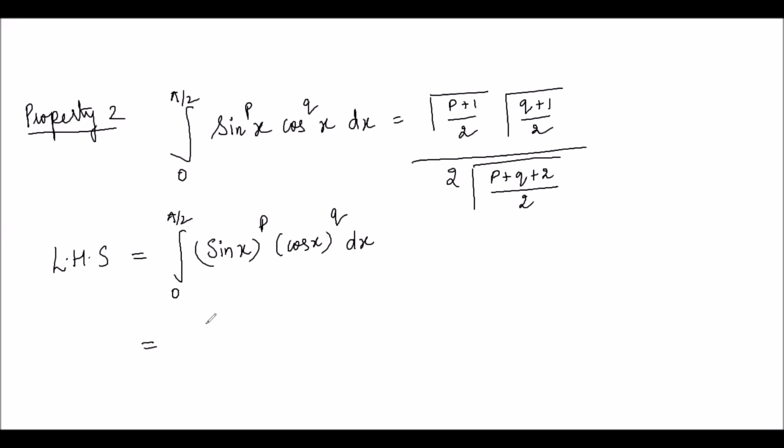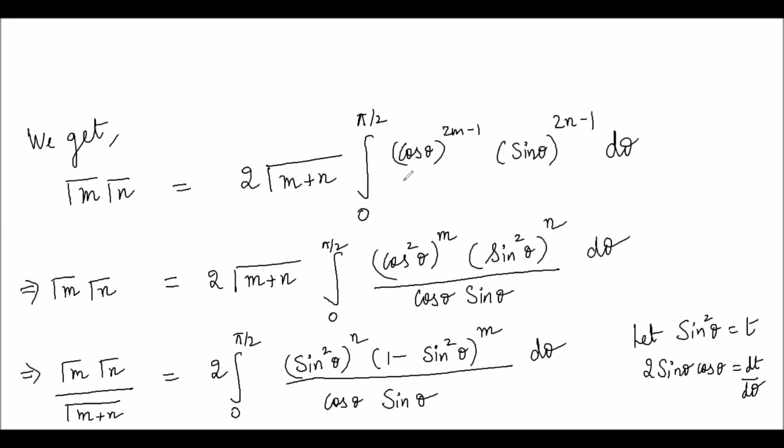What we will be doing here, we can write this in terms of sine square theta, cos square theta, and then we will do it in the same manner as we have solved this integral which was involving sine theta and cos theta.